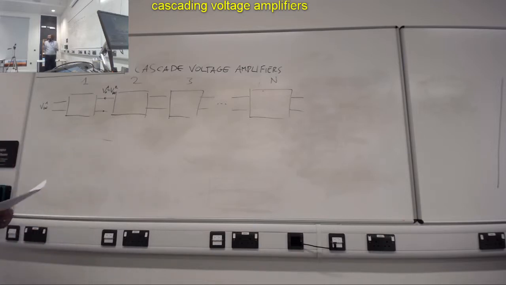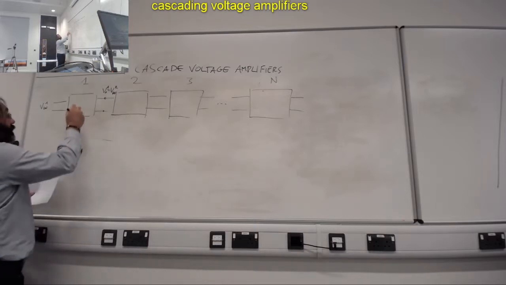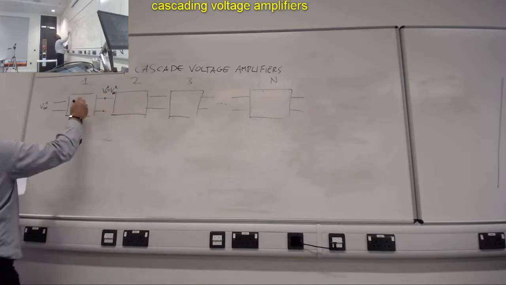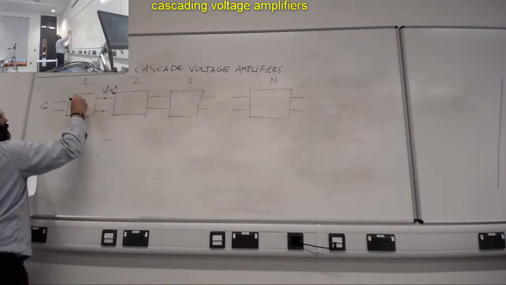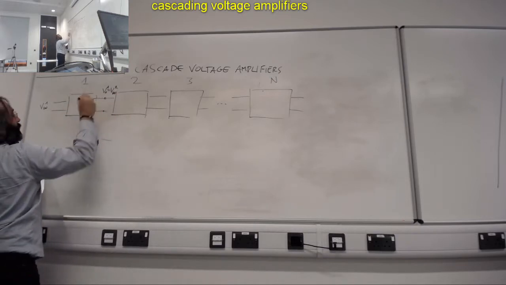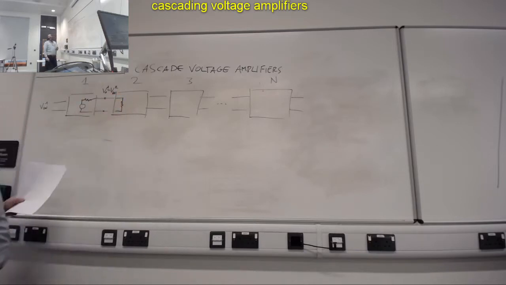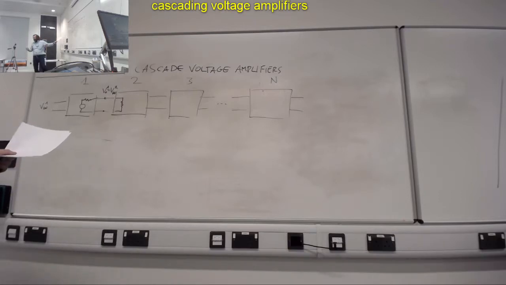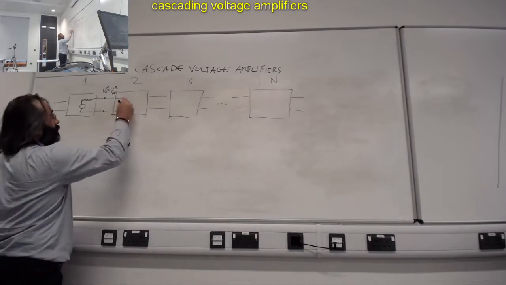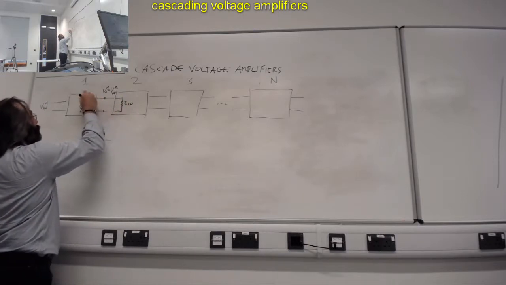And here is the key moment. We are talking about voltage amplifiers, so I'm expecting that in here, it's something like that, and in here, it's something like that. Have we seen already this circuit? Yes, it has a name. What's the name of this very simple circuit?